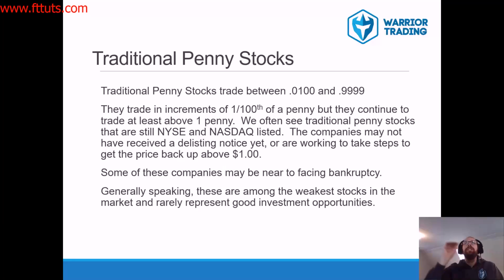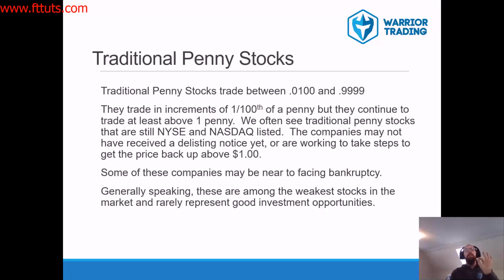All right, now a traditional penny stock trades between 1 penny and 99 cents, right? That makes sense. They trade in increments of 1/100th of a penny, but they continue to trade above 1 penny. Now, we don't often see penny stocks on the NYSE. We will see traditional penny stocks between 1 penny and 99 cents on the NYSE and on NASDAQ.